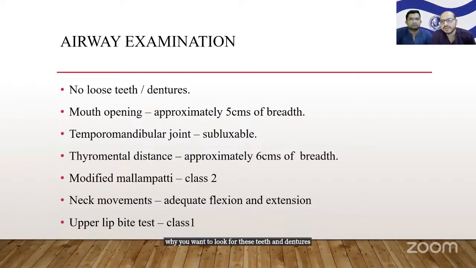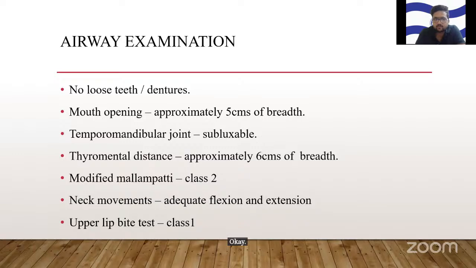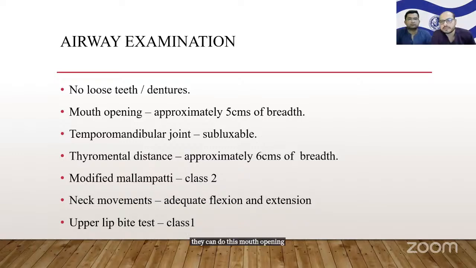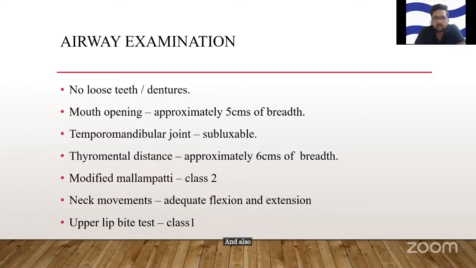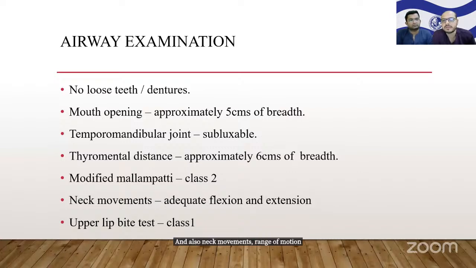Because sometimes when we pass the endoscope, any loose teeth can be damaged and it can cause aspiration, sir. Second is mouth opening and modified Mallampati class, and also neck movements.